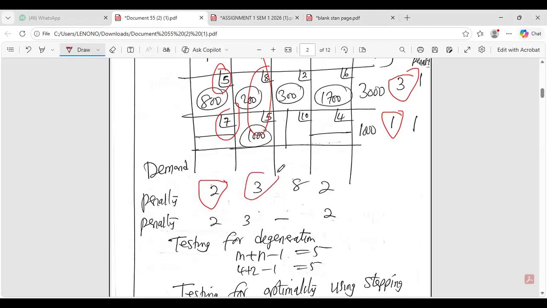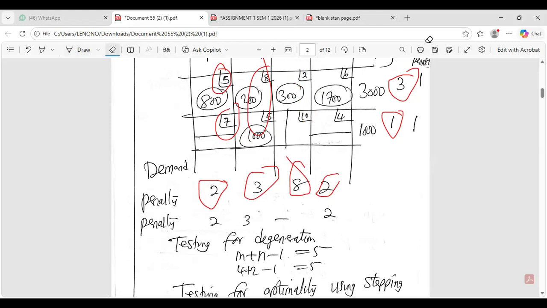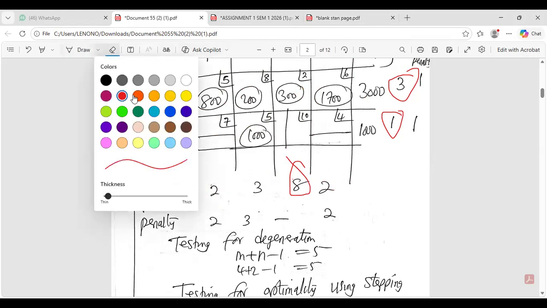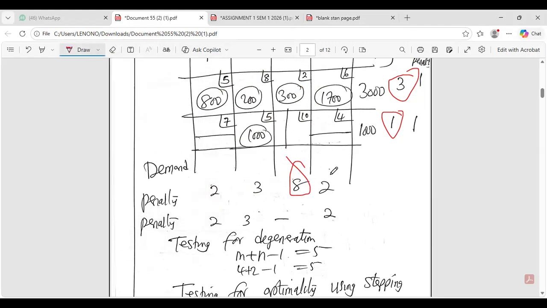Here it's a 3. The penalty was 8. The penalty here is actually 2. So we select the highest penalty from all the penalties. The highest penalty from all these penalties is 8, which is this one.